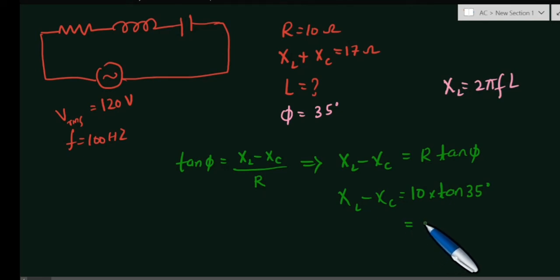You can find the value of tan 35 using a Clark's table and you will get the value of tan 35 degree is 0.7002. So if you multiply 10 you will get 7.002, or this value I will write it as close to 7 ohm. So this is the value of XL minus XC.